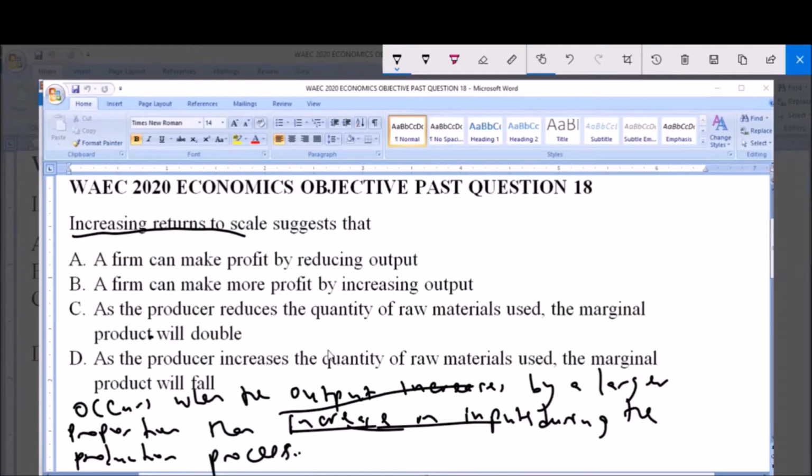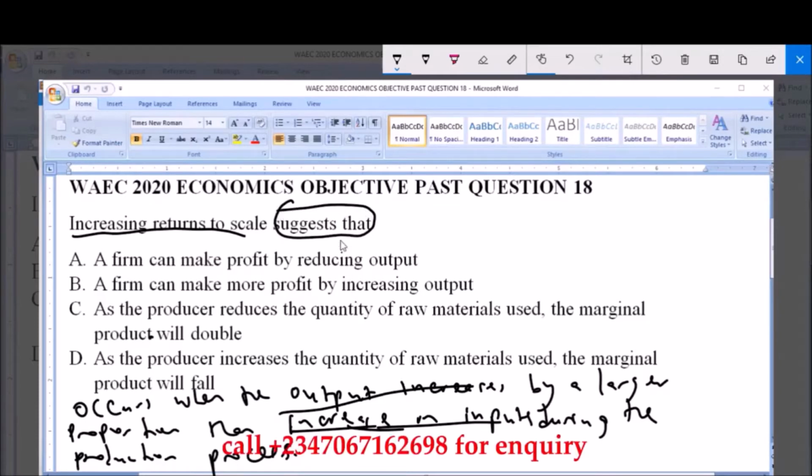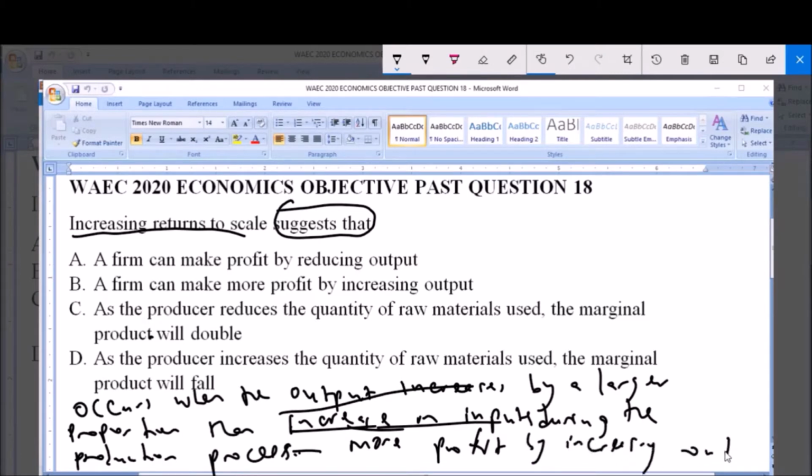Now, we're asked what increasing returns to scale suggests. Increasing returns to scale suggests that a firm or business can make more profit by increasing output.